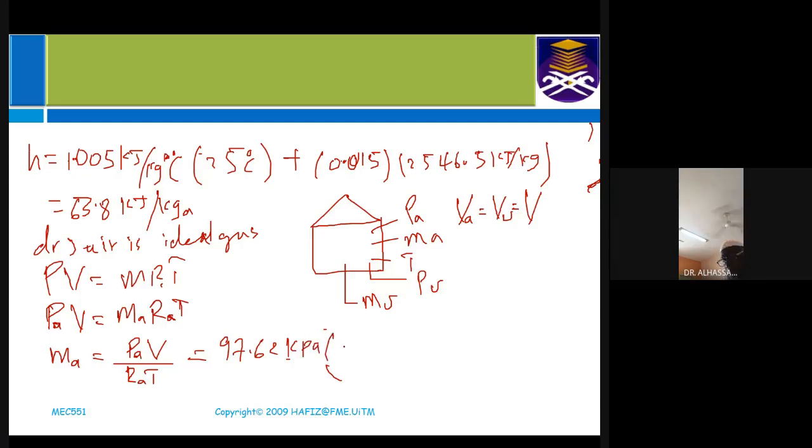Kilopascal times 75 meter cube, that's the volume, all divided by, we have 0.287. Okay, so kilopascal per meter cube.